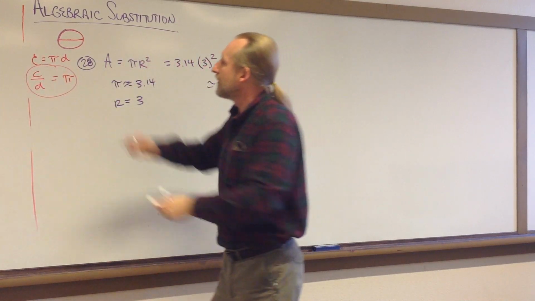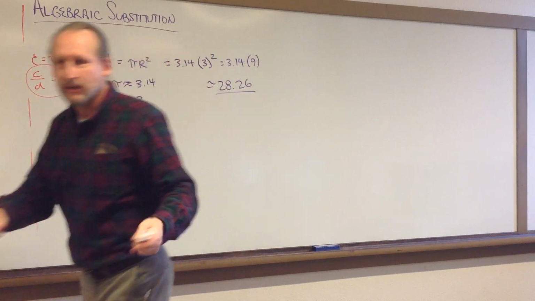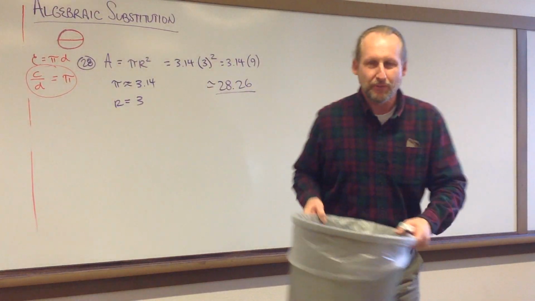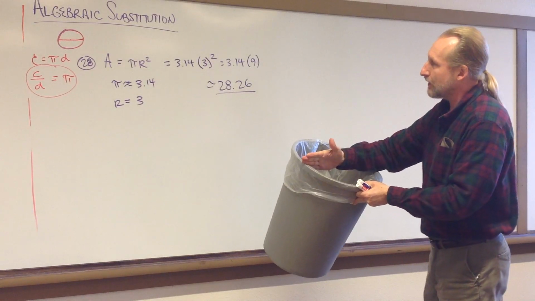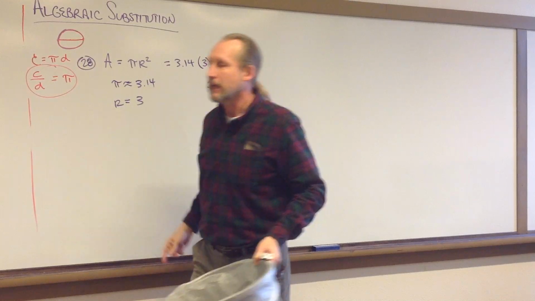If you measure around a circular object, let's see, I'll use the trash can. These markers are too small. So if you measure around the circumference and you measure across the diameter and you divide those, you should get pi. Okay?